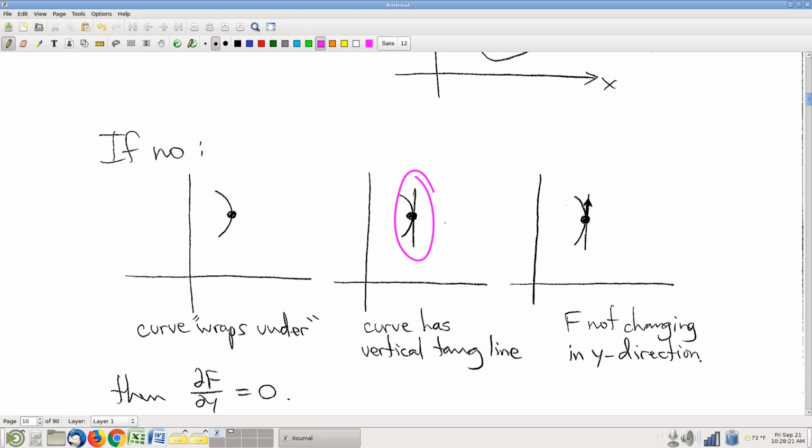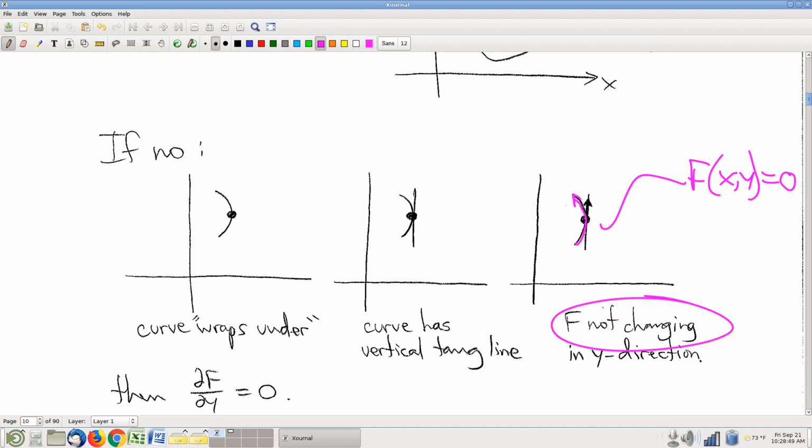If there's a vertical tangent line, that means that as you are moving along this curve, which let's see if I'm artistically competent to trace that curve. As you are moving along that curve, don't forget this curve is where f is a constant. And I wrote 0, but it doesn't have to be any particular constant. If f is constant, then as you are moving along that curve, f is not changing.